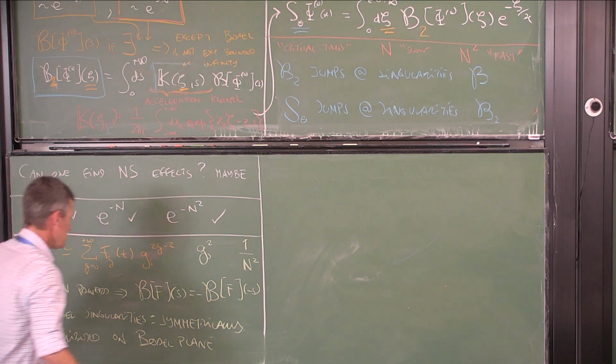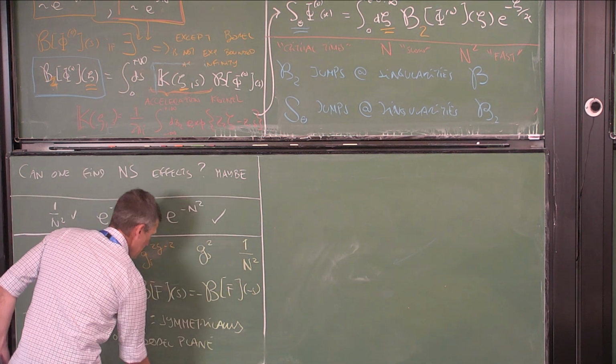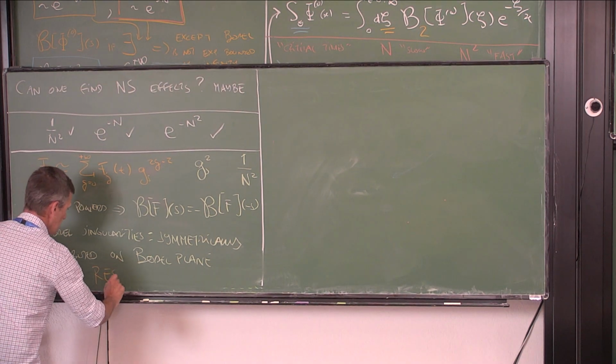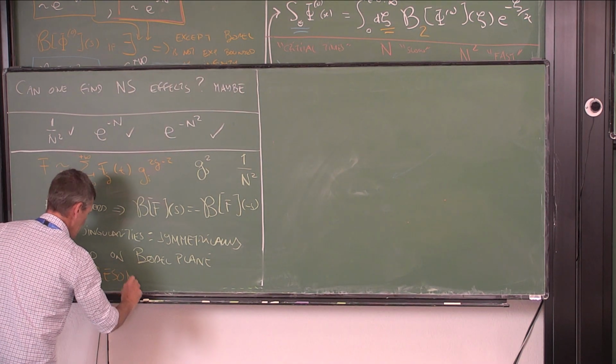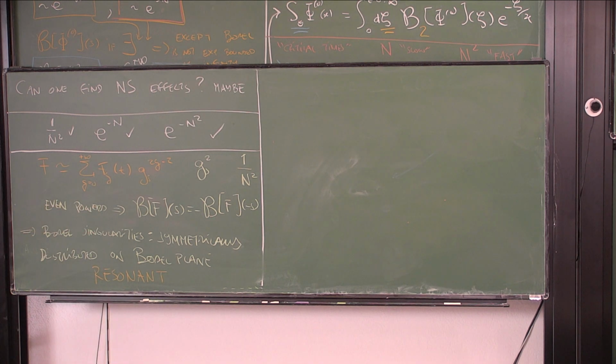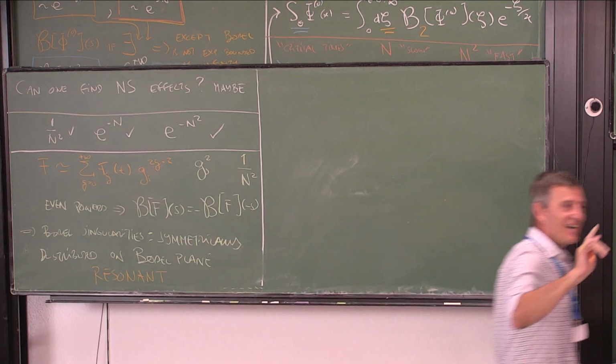And what this means, effectively, is that the string theoretic expansion is resonant. But I think I'll only talk about this in the second lecture. So, okay, maybe now we're happy. That's pretty much it. Not yet.